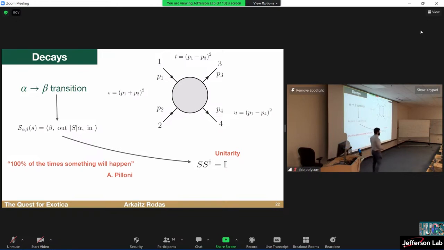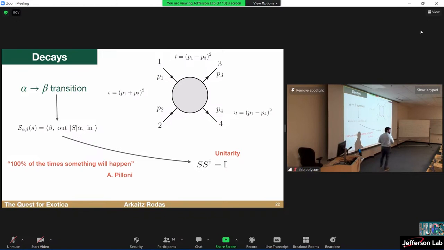And this translates into the unitarity equation, which means if you start with a system of particles, and then you collect the probability for this system of particles to decay to everything, and you collected all of them, theoretically you can do that, experimentally that's another question, then the probability must be 1, which means that this operator must be unitary. When you are calculating, for example, let's think about one single channel.